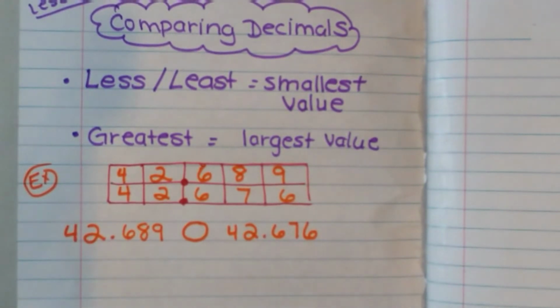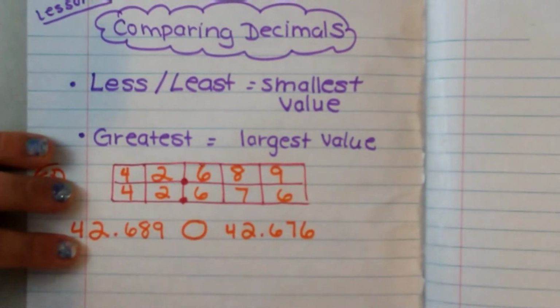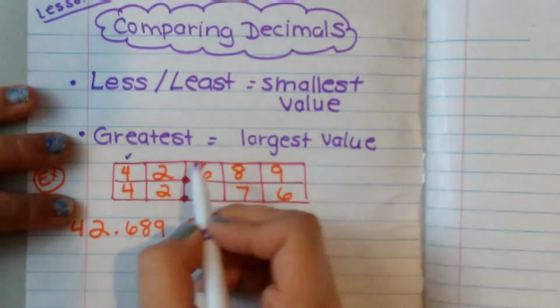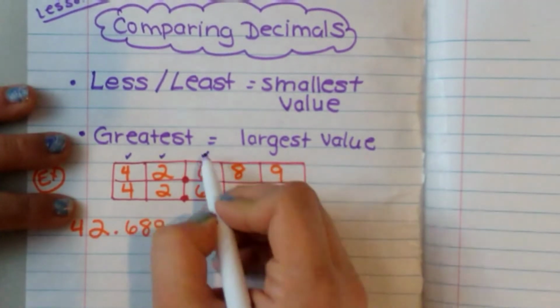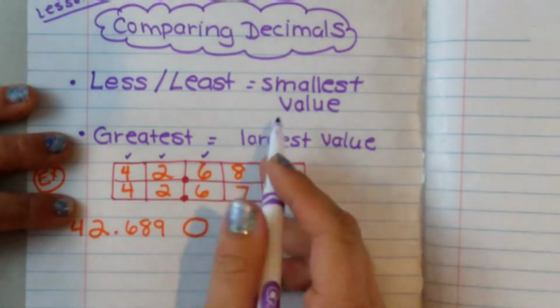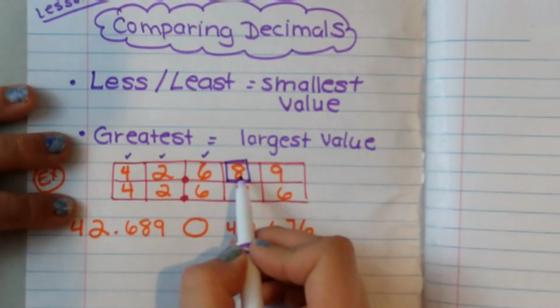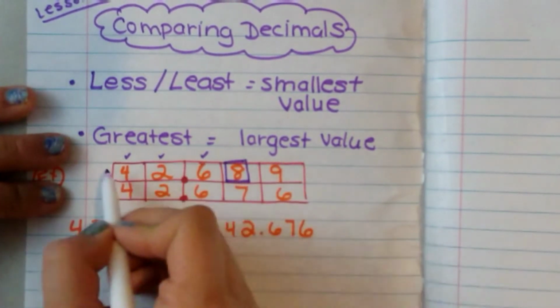Okay, now I'm going to go through and keep going until I get to a number that's different. Both of these are 4. Both of those are 2. Our tenths are both 6. Oh, the 8 in the hundredths place here is larger than the 7 in the hundredths place here. So this number is larger.